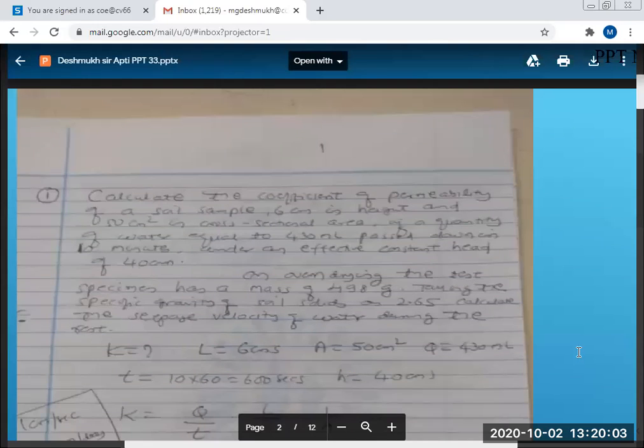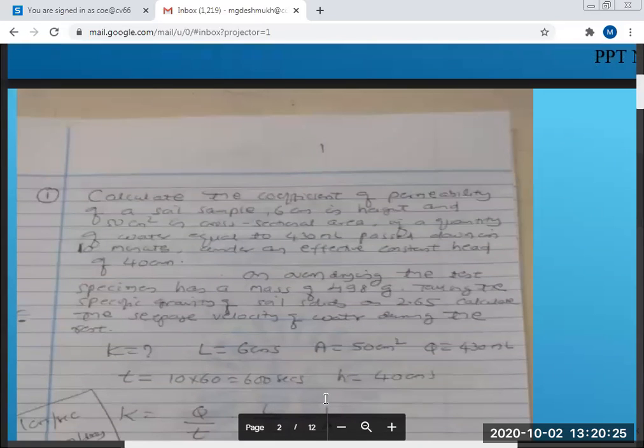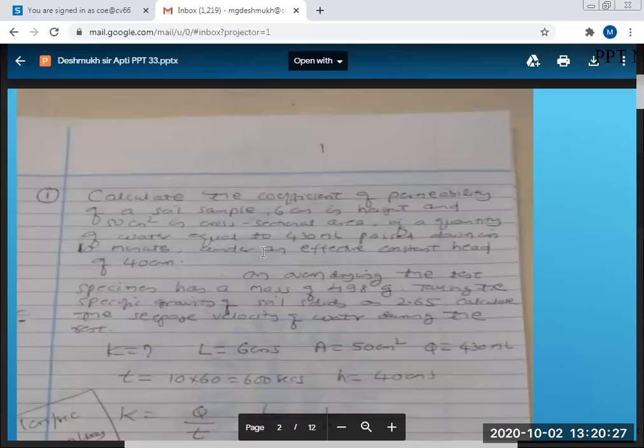Q is equal to 430 ml. Please note, capital Q is not discharge here, it is volume. In fluid mechanics you took capital Q as discharge, but here Q is volume, 430 ml. Time is 10 into 60, 600 seconds, and H is 40 centimeters.